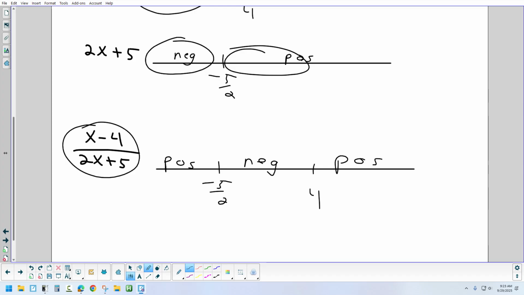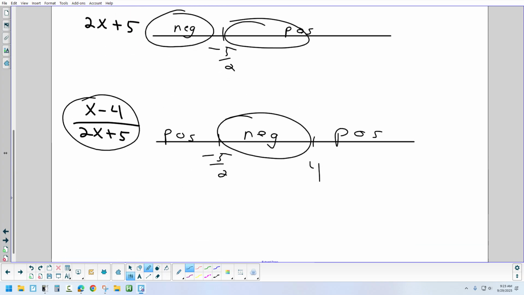How many sections here would give us a result that would be less than or equal to 0? So how many? 1. Yeah, just one. There's only one section that gives you output values that are 0 or lower. That is right here.